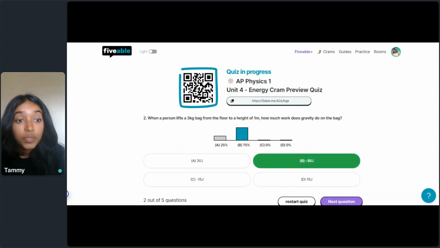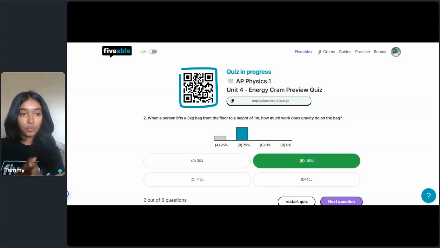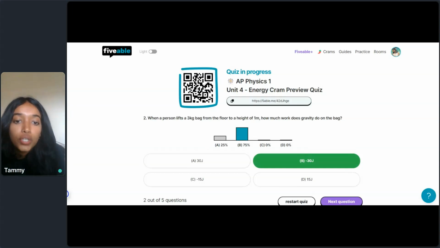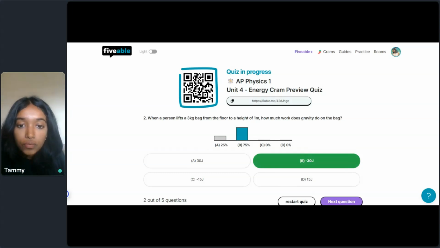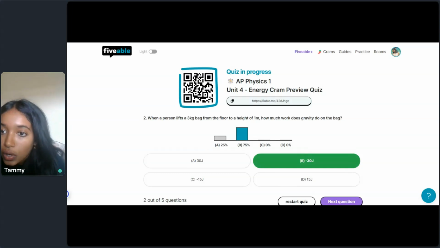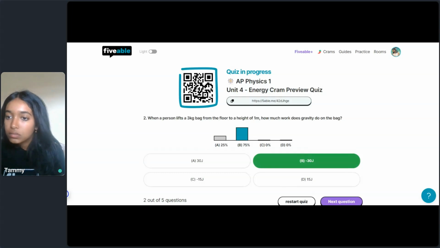Then we can use that as our force in the work equation. Our displacement is 1, and the angle is 180 because we're lifting straight up, right? The cosine of 180 is -1, and that's how we get negative 29.43, or we can round that to -30. So I see a couple of questions on this problem.